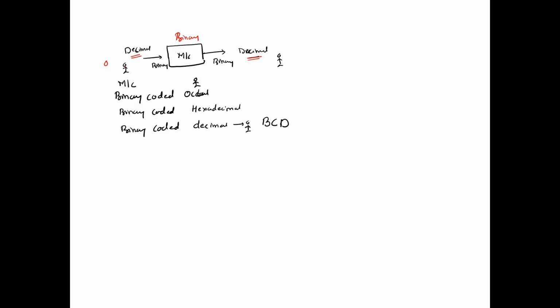If this person understands hexadecimal, then the machine must have a mechanism for binary coded hexadecimal. The octal will make you code into binary from 0 to 7. For hexadecimal, 0 to 9 and A to F. For binary coded decimal, you have only 0 to 9.